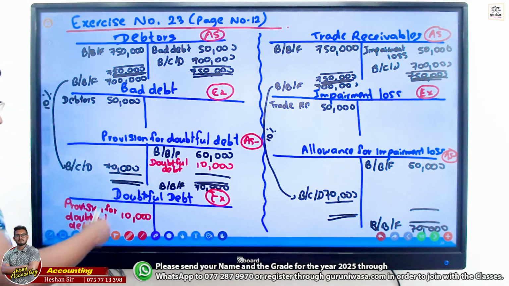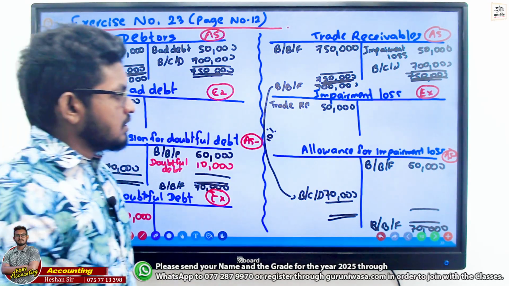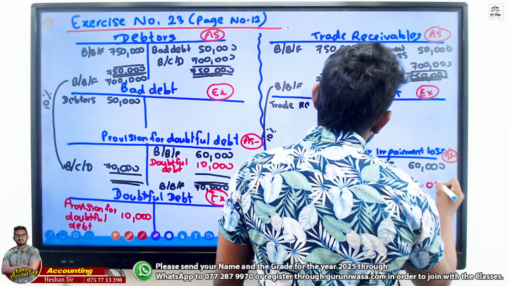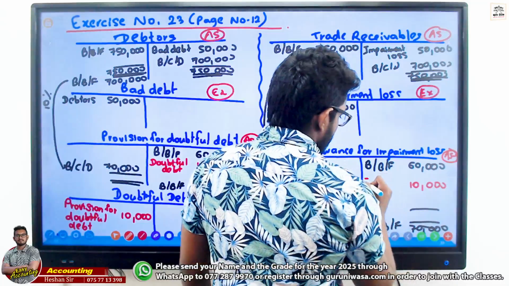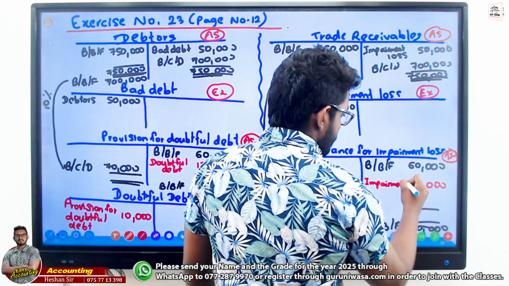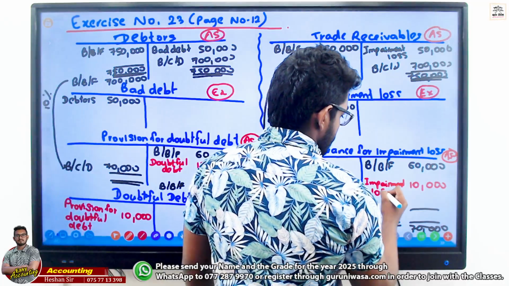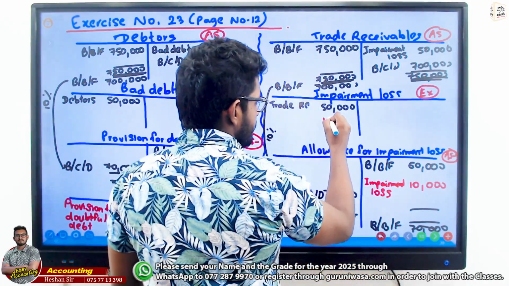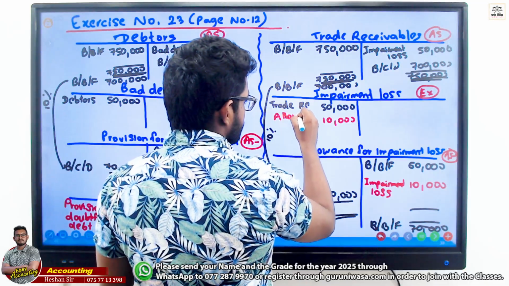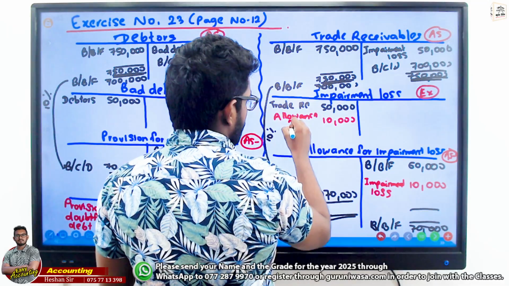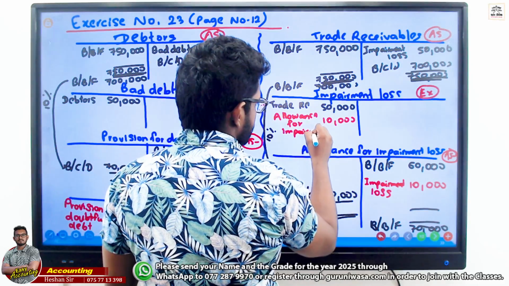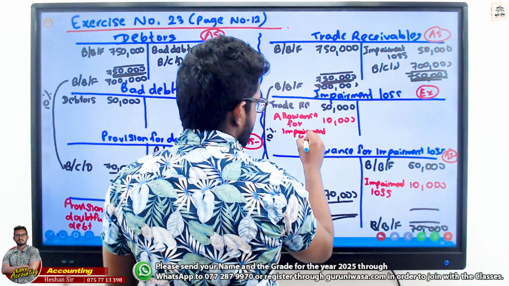Then this is balancing up to 70,000. In here, 10,000 impairment loss. In here, 10,000 allowance for impairment loss. Is it clear? Send me a thumbs up.